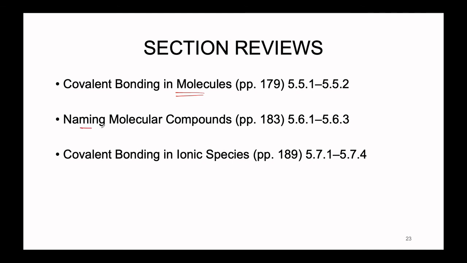So how do we actually name the things with those Greek prefixes? And covalent bonding in ionic species. This all has to do with polyatomic ions and acids. So if you want to get a little bit of practice on the species that have some ionic behavior but also covalent behavior, we have some example problems for that as well.